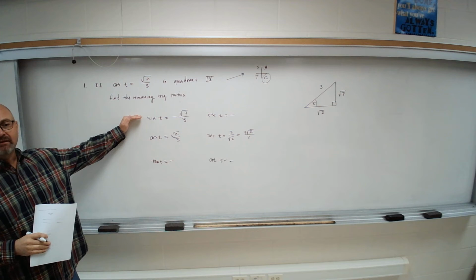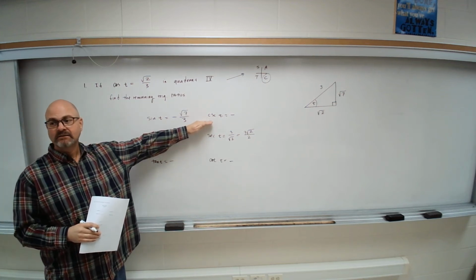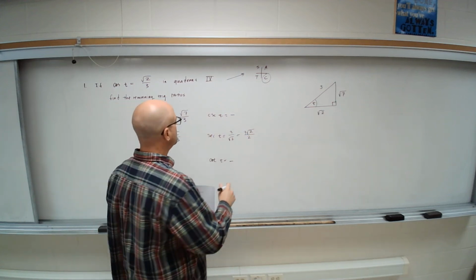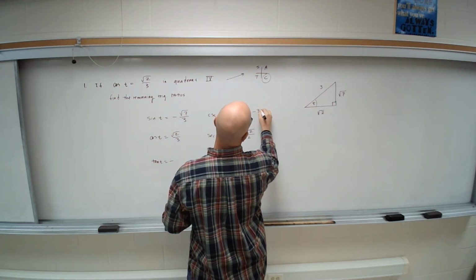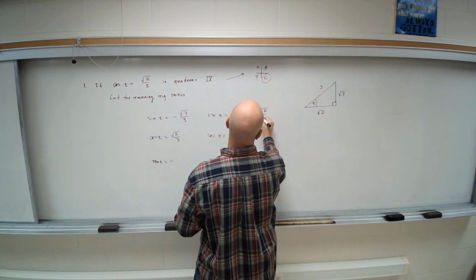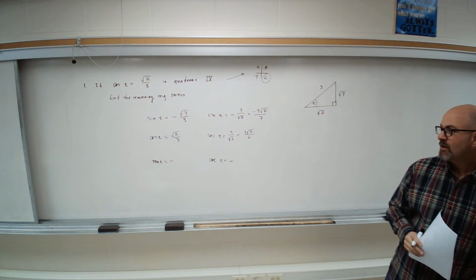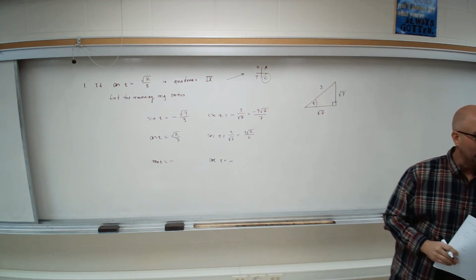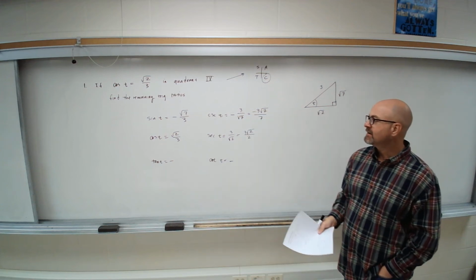So here's our sine of t. For our cosecant of t, well, we know we want to take the reciprocal. So that's negative 3 over radical 7, which is negative 3 radical 7 over 7. Again, we're always rationalizing, right? It's like our thing. Again, sine and cosecant are negative.